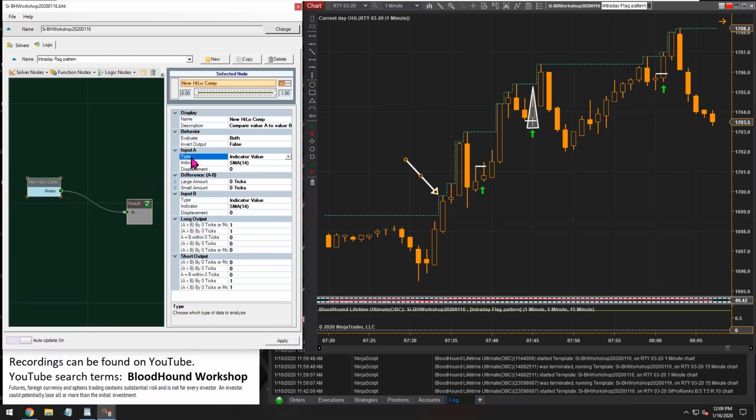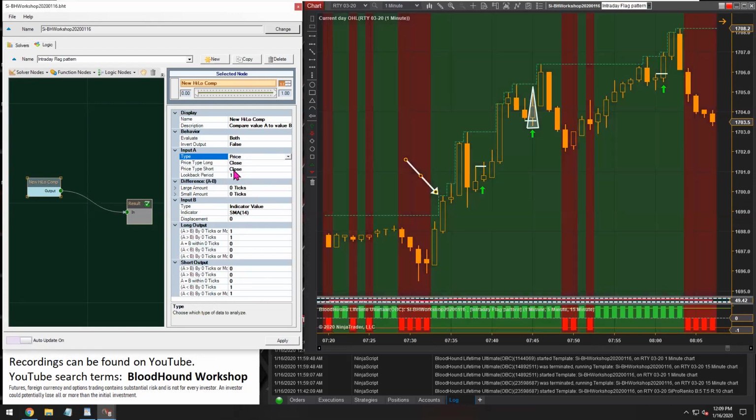So input A, it doesn't matter if it's the indicator or the bar price, but I'm going to set it to the bar price. For a long, we're looking at the high of the bar, and for short flag patterns, we're going to be looking at the low of the bar. Input B is going to be our current day high-low indicator.